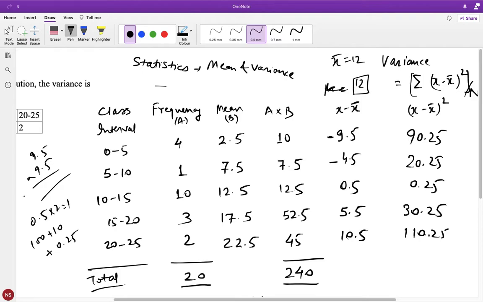Similarly, 9.5 square is 9 square, 81, plus 9 into 2 times 0.5 is 9, plus 0.25. So 90.25. Similarly 4.5 square: 4 square is 16 plus 4 plus 0.25, 20.25. So that is how I have solved them.